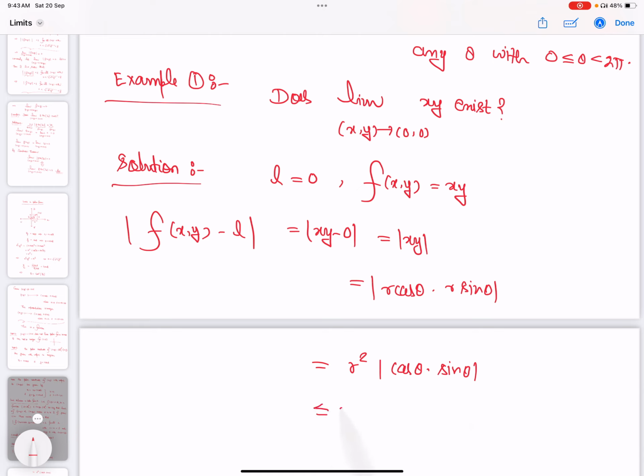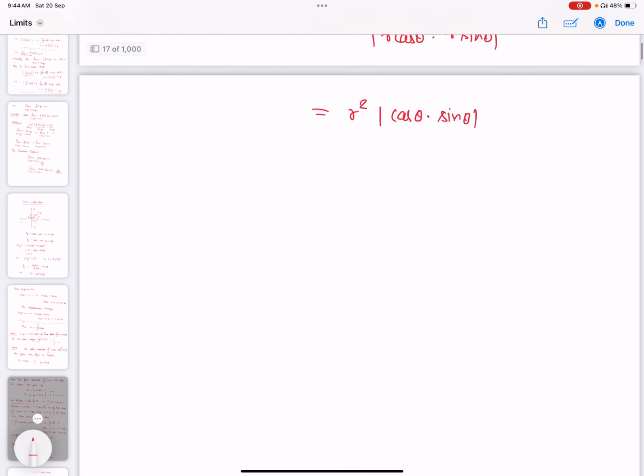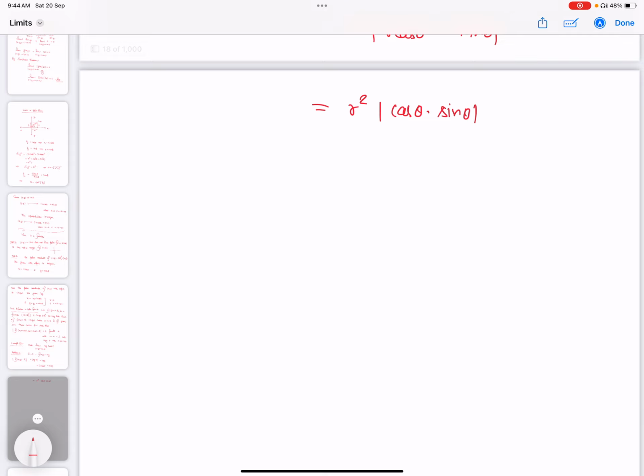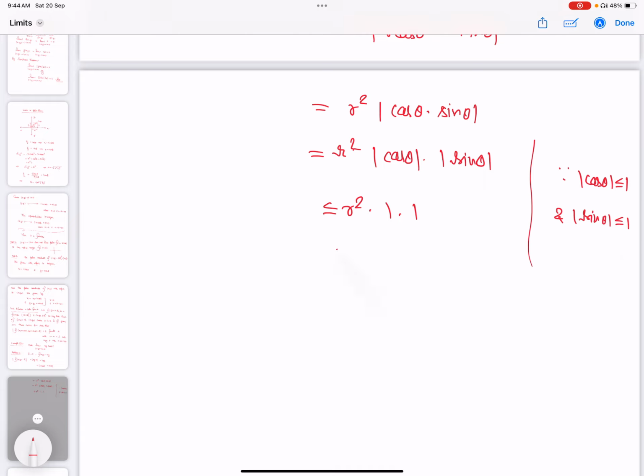Each of cos theta and sin theta is less than or equal to 1, so this is at most r square.